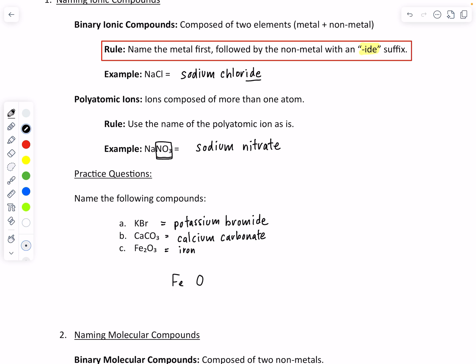Oxygen, because it's in group 16 or group 6, has a valence of 2. And when you bring this valence down in the crisscross method to form the chemical formula, that means that the formula would be Fe2. So where did this 3 come from? This 3 that is present was the valence of the iron. So in this example, this is iron 3 because it has the valence of 3.